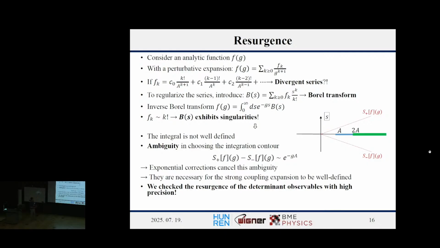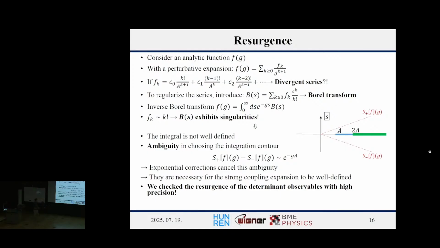And actually, if you do this whole machinery more precisely, you find that the difference in these ambiguities will be exactly proportional to some exponentially small corrections. So these exponentially small corrections are necessary to cancel these ambiguities to have some meaningful, non-divergent series.